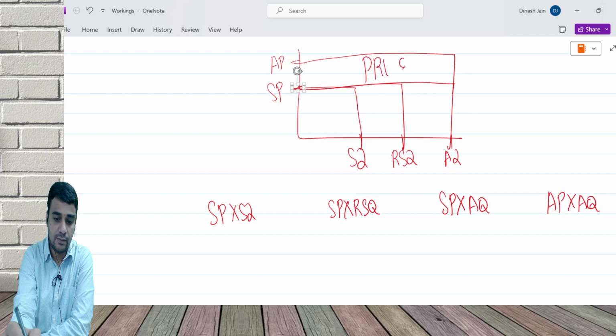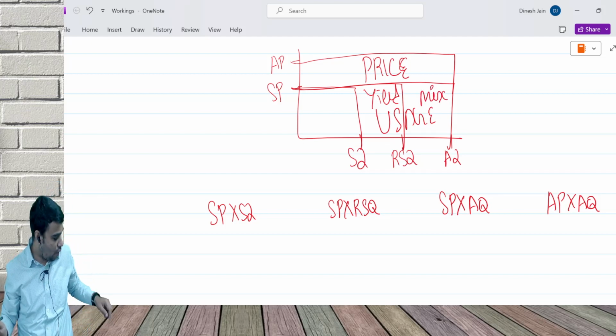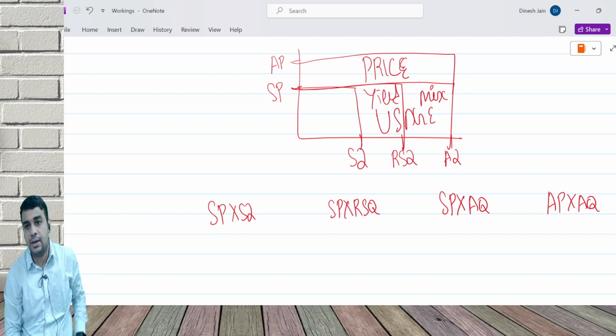Price, usage, yield, mix. The chart is not mandatory, again I'm repeating, but it is good to do.